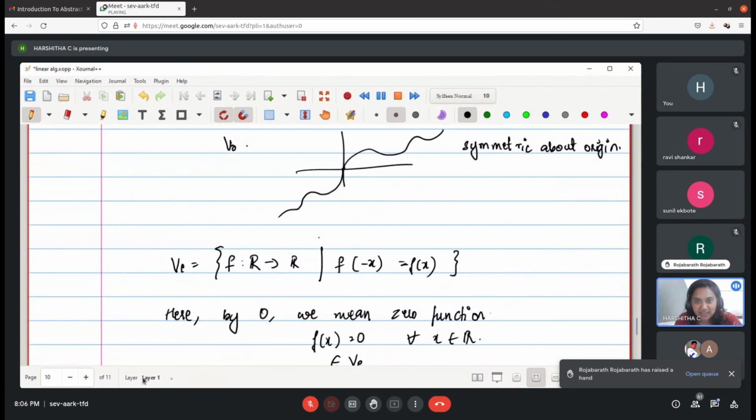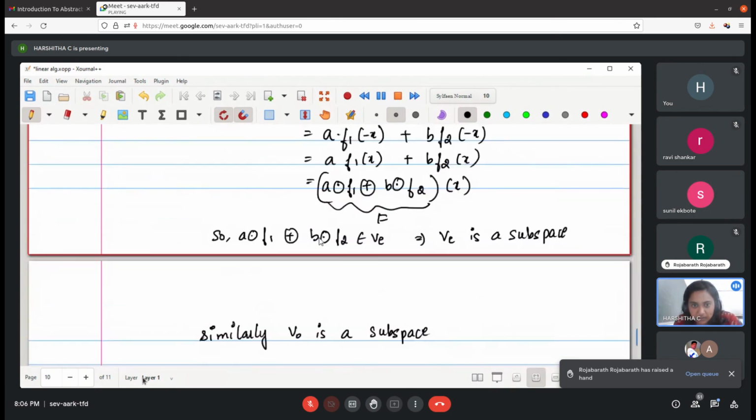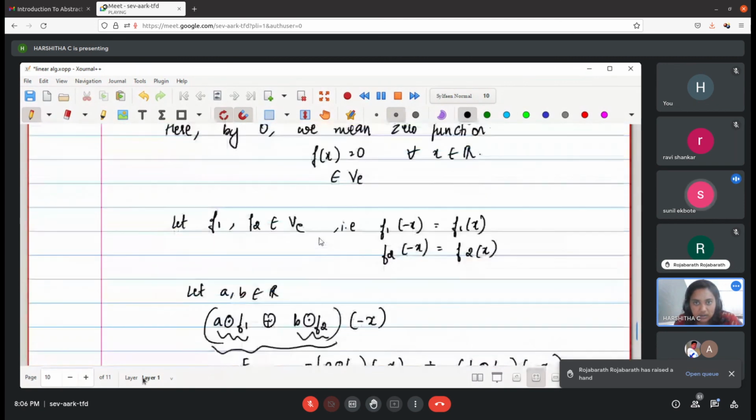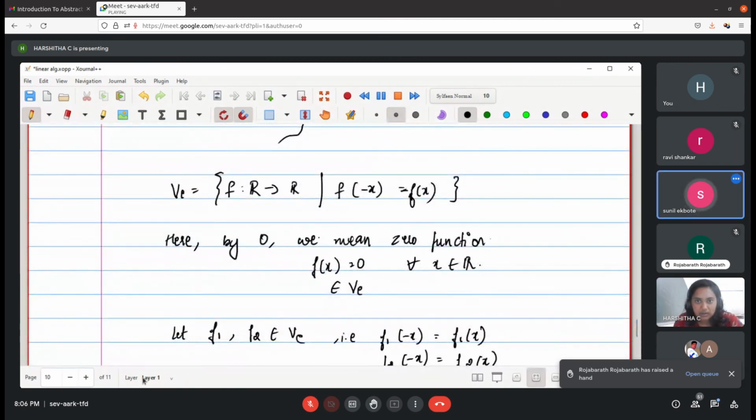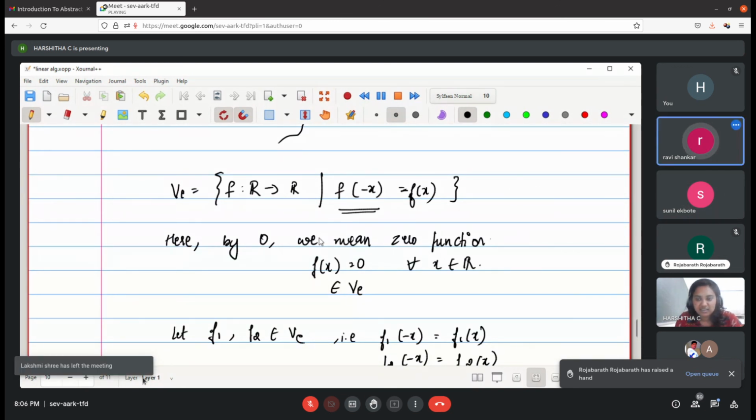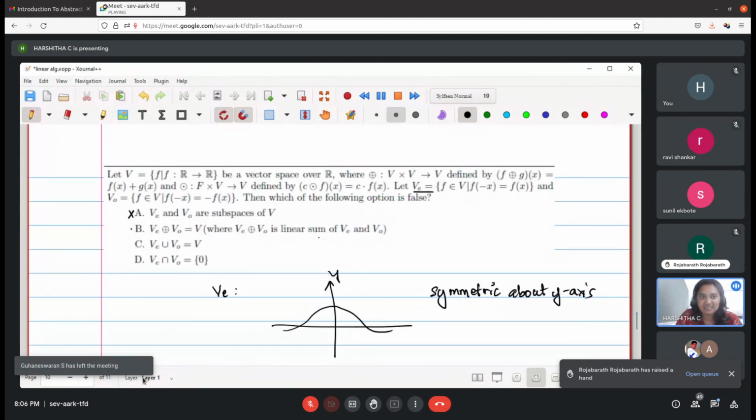Oh, okay, somewhere else I wrote something wrong. You wrote here f of minus x is equal to f of x, no? But it is f of minus x is equal to minus f of x, no? That is for VO, sir. We are given two sets, VE and VO, so we did it for only one of them. Okay, the other one you can just do similarly. It's very similar.